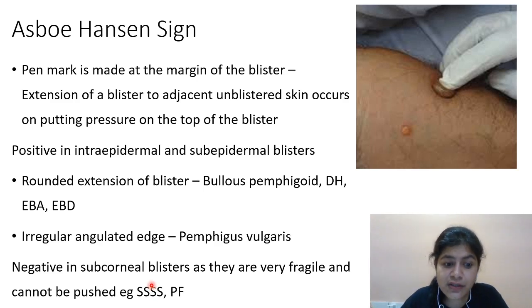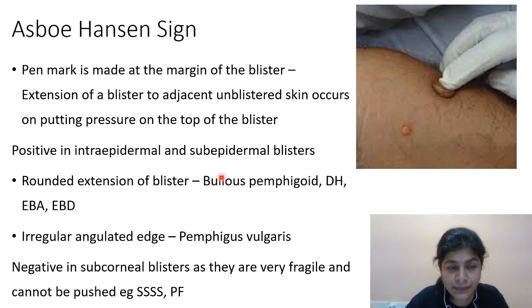The blistering is because of the toxin which is released from the Staphylococcus aureus. Okay, so both of these conditions give rise to subcorneal blisters, and since the blisters are very fragile, once you touch them they break off, it's not possible to do an Asboe-Hansen sign, and hence it's supposed to be negative.